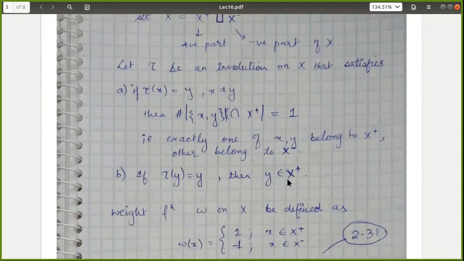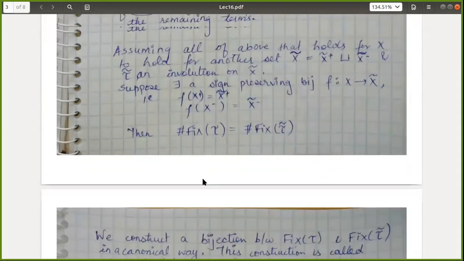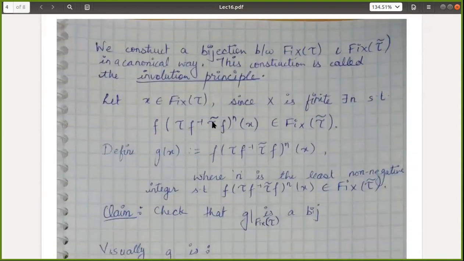But if y is in X plus, I am not sure if it goes to a different element, which would be an element in X minus, or it comes back to the same one, right? So tau tilde will send f of x to either itself or something in X tilde minus. So far with me?